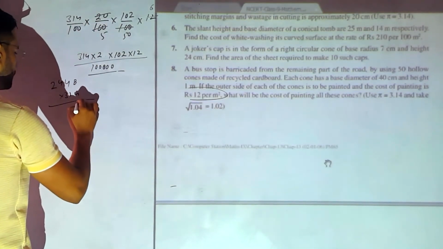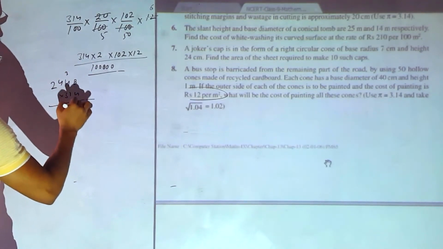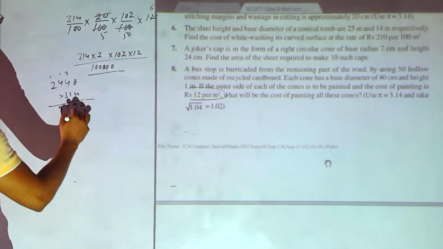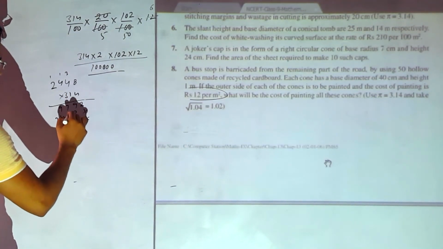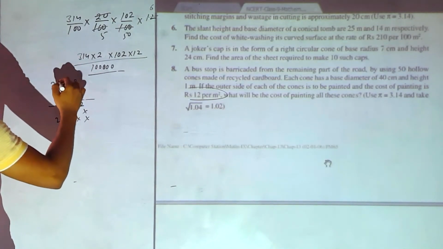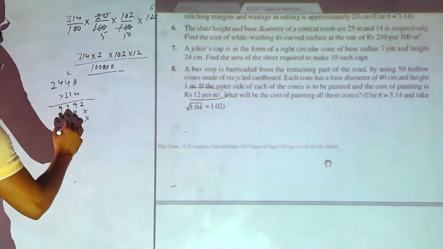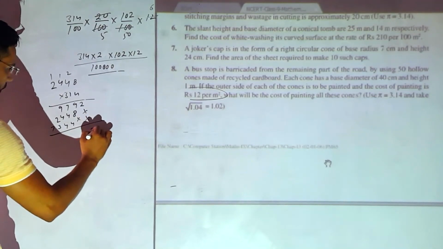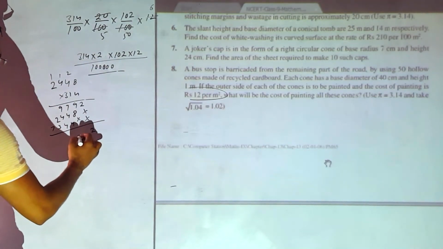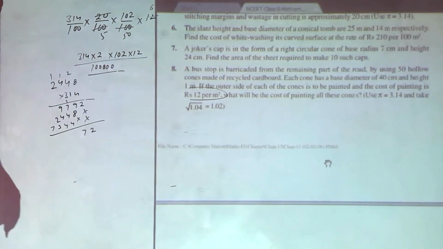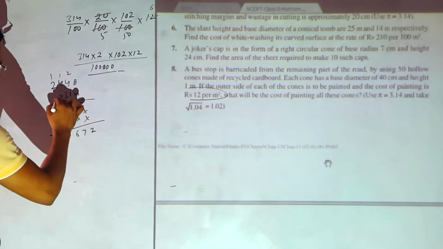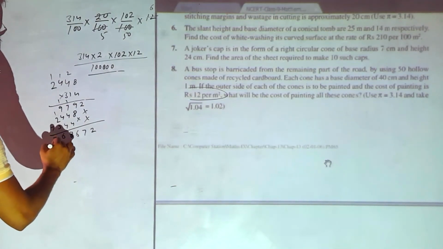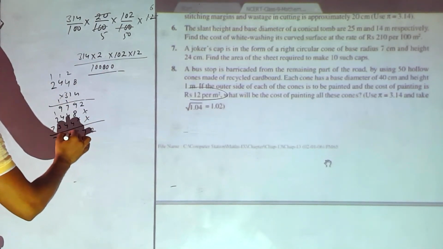Do it yourself. 8, 8, 16, 1, 17, 1 carry, 7, 1, 8, 9, 10, 11, 12, 13, 14, 15, 16, and 10, 10 and 8, 18, 1, 6, 7, 5.